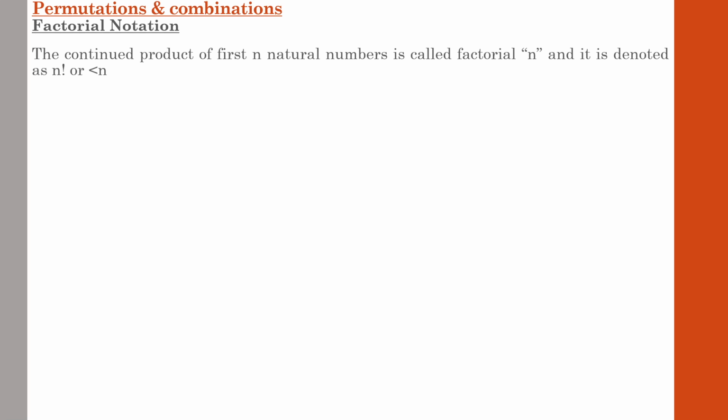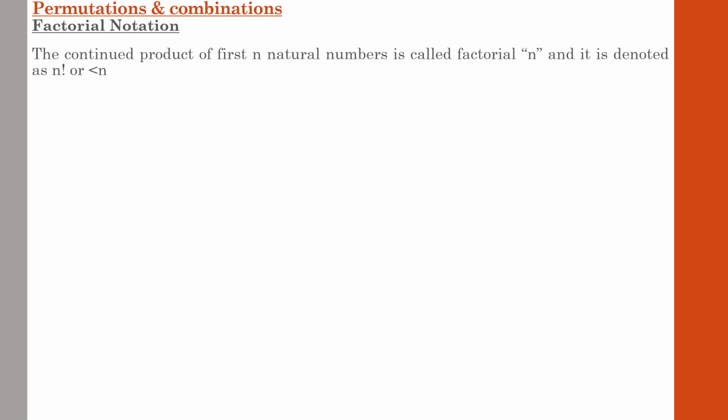N factorial means whatever number comes before this sign, you take the product of it and all the numbers preceding it. For example, 5 factorial means 5 into 4 into 3 into 2 into 1. That is the meaning of any number factorial.